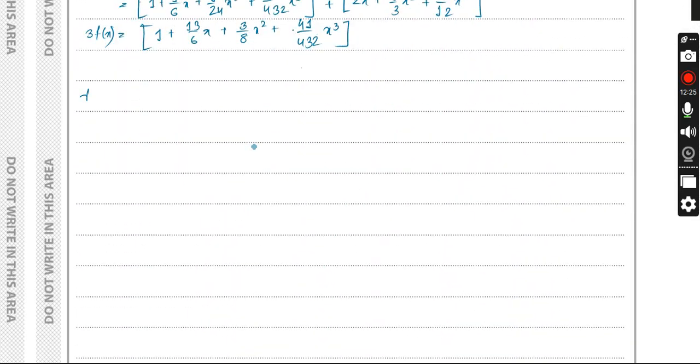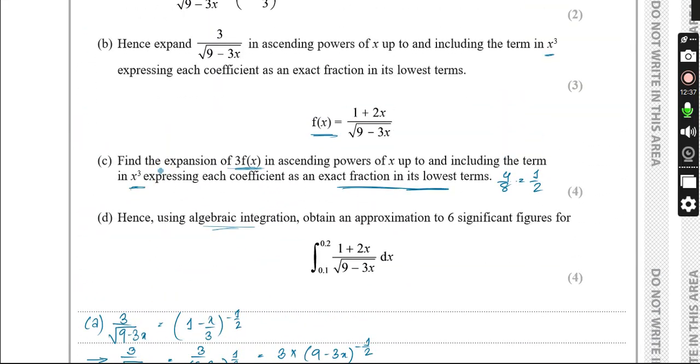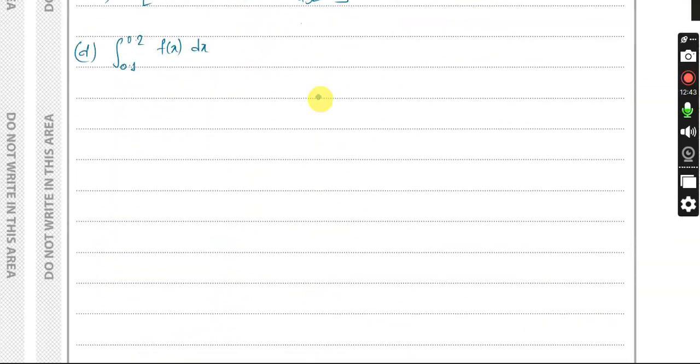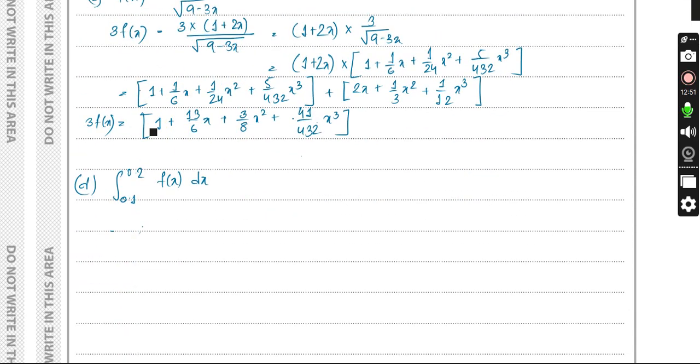If you look at this expression, it is the same as the one we were given for part C. We have expanded 3fx, so we already know 3fx to be this.